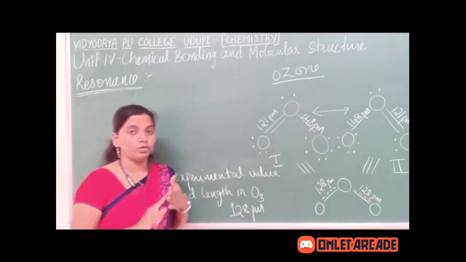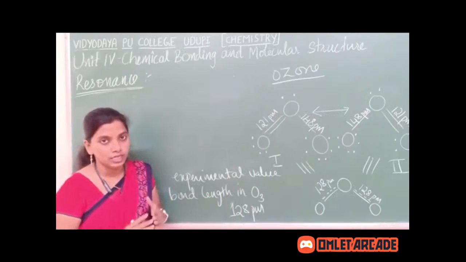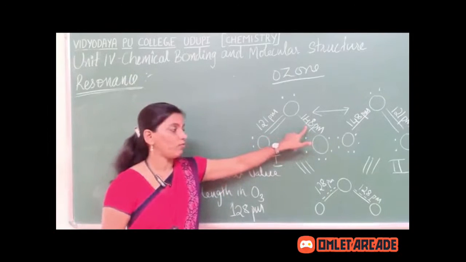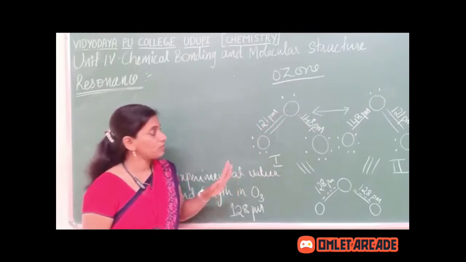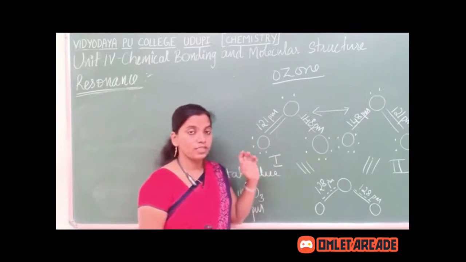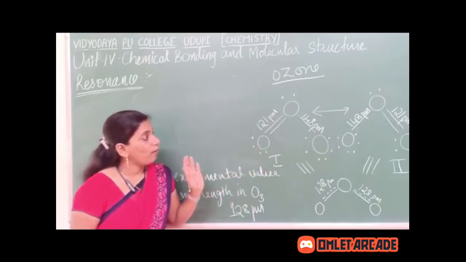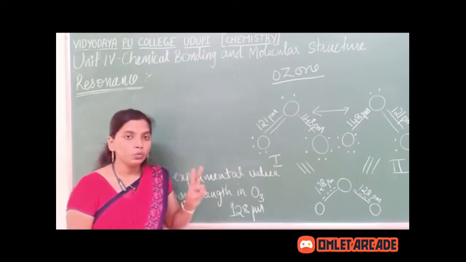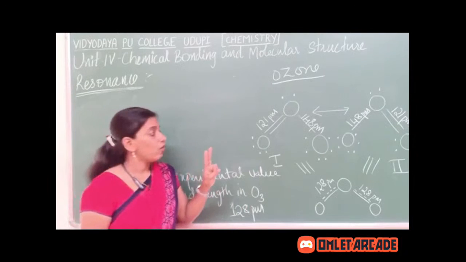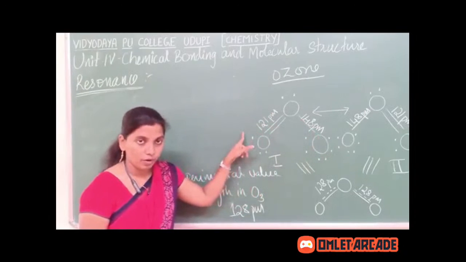Theoretically, when a molecule forms with an oxygen to oxygen single bond, the length will be 148 picometer. If an oxygen to oxygen double bond forms, the length is 121 picometer. When we write the Lewis dot structure for ozone, we get two structures having one single bond and one double bond.